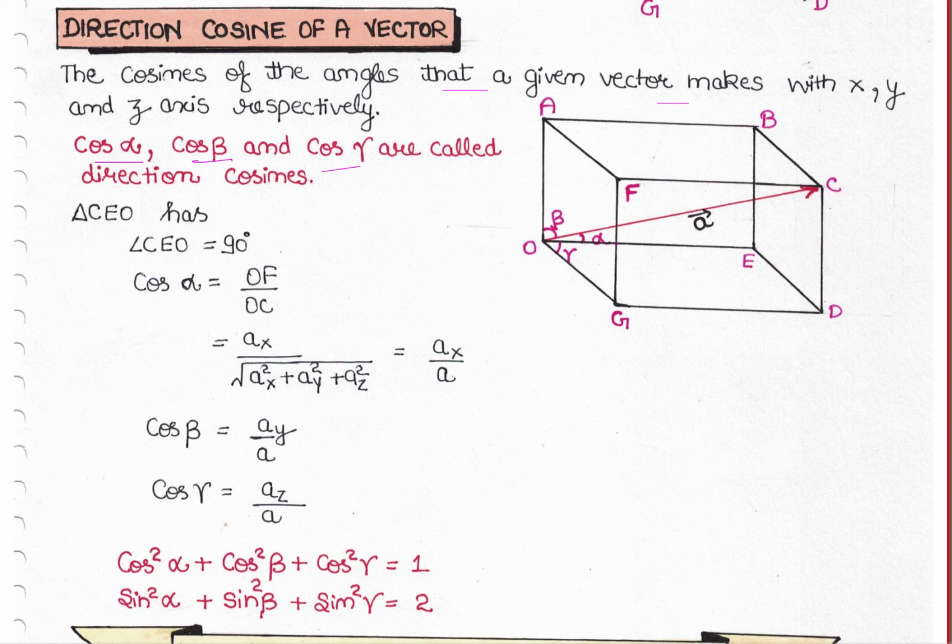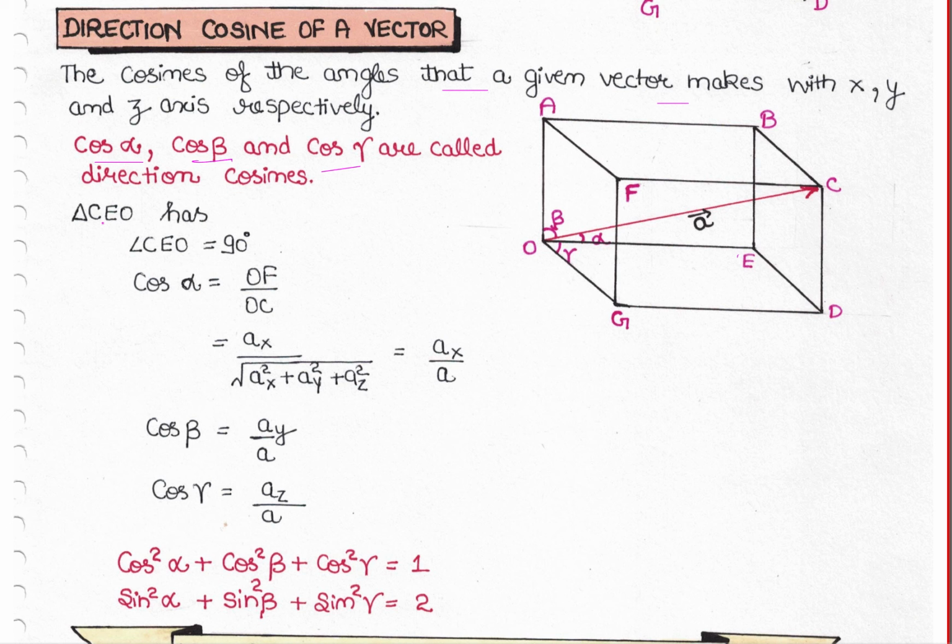Alpha is the angle of a vector making with the x-axis, beta along the y-axis, and gamma along the z-axis, or we can change this alpha, beta, gamma according to your figure, any figure.